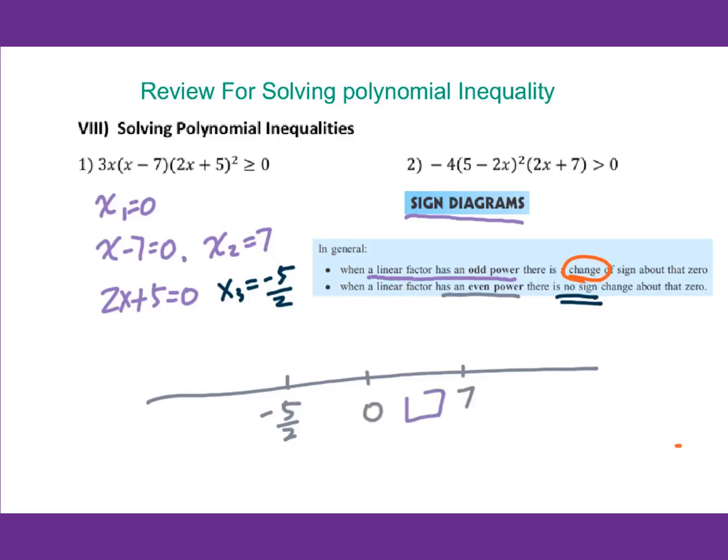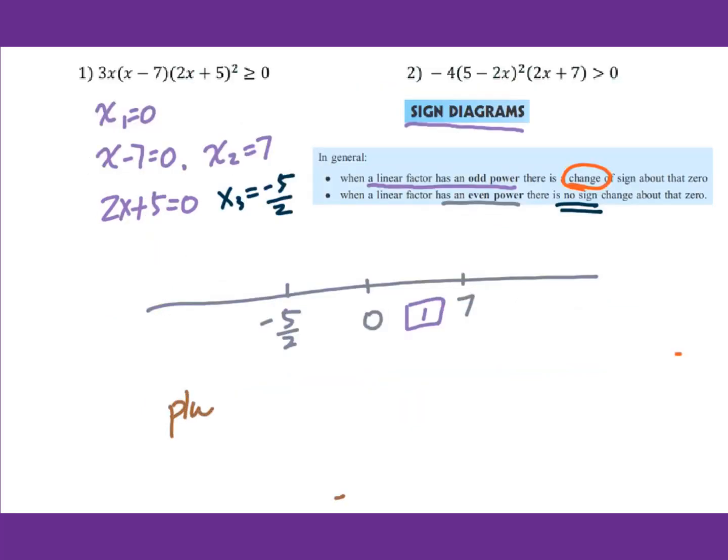Get a special number. Let's do 1. So we need to plug it in. We plug this special number 1 into this inequality. We got 3 times 1, 1 minus 7, 2 times 1 plus 5 squared.